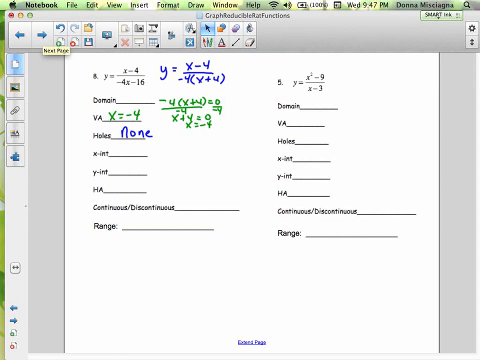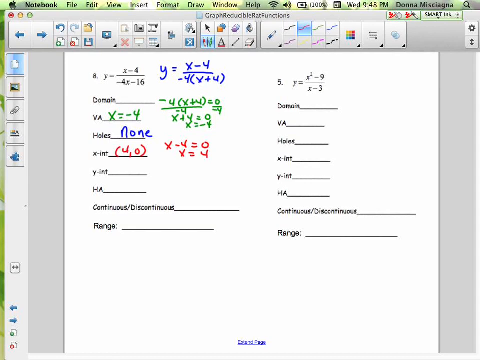The horizontal asymptote, so I'm not necessarily going to do these in order. Actually, no, we'll do them in order. The x-intercept is you just set the numerator equal to 0. So if x minus 4 equals 0, x equals 4 is the x-intercept. So 4, 0 is the x-intercept.